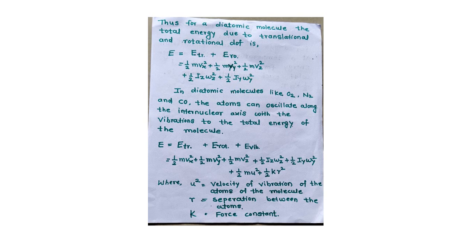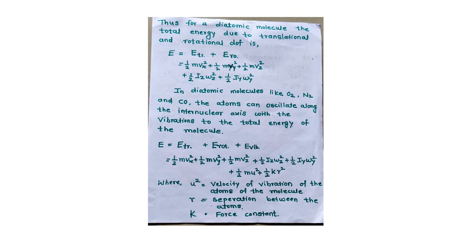In diatomic molecules like O2, N2 and CO, the atoms can oscillate along the internuclear axis, with the vibrations contributing to the total energy of the molecule. So now the total energy of the molecule is translational energy, rotational energy and vibrational energy. So, what is the translational energy?